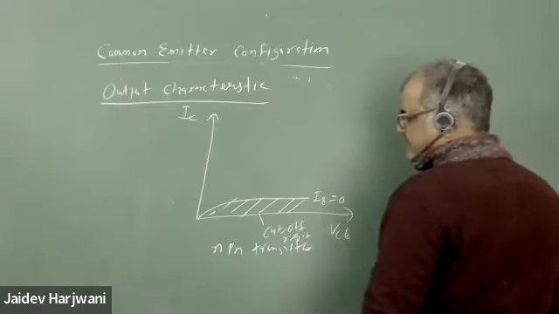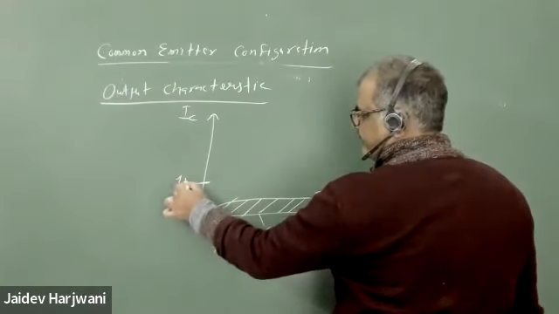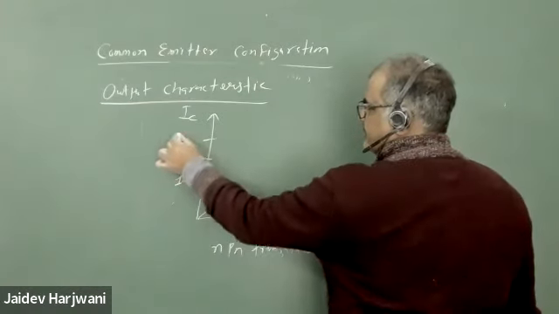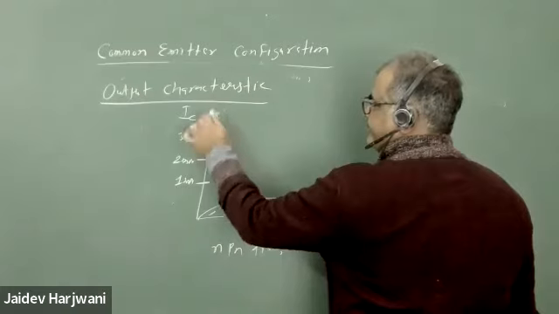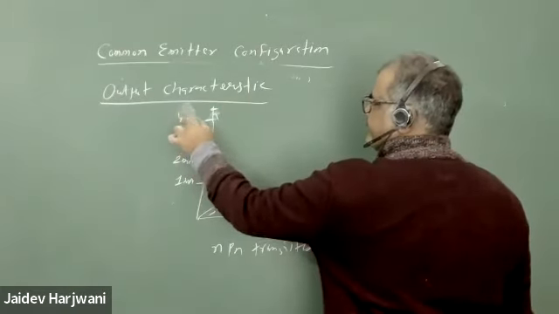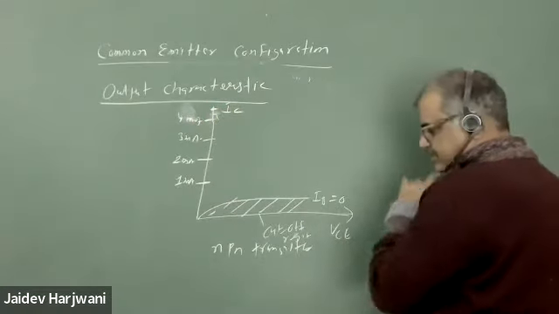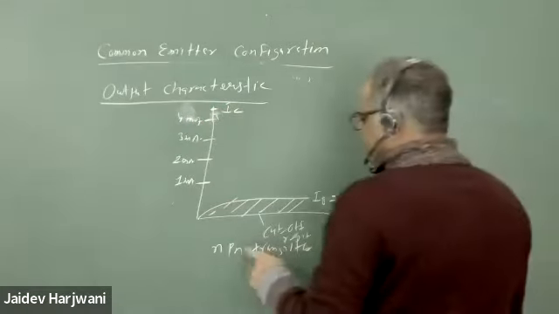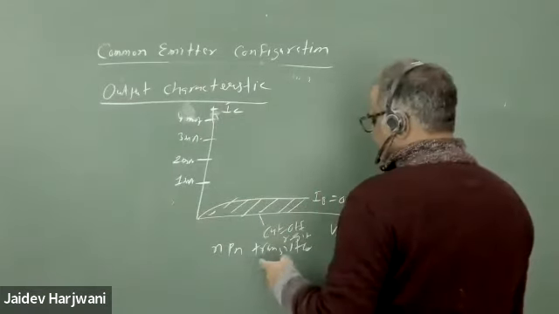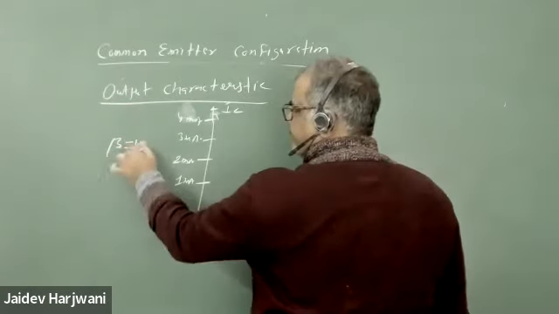Now if I increase IB, say 1 milliampere, IC will be in milliamperes: 2 milliampere, 3 milliampere, 4 milliampere. This is my IC value. Now I'm increasing VCE, keeping IB constant. Say the beta value for the transistor is 100.